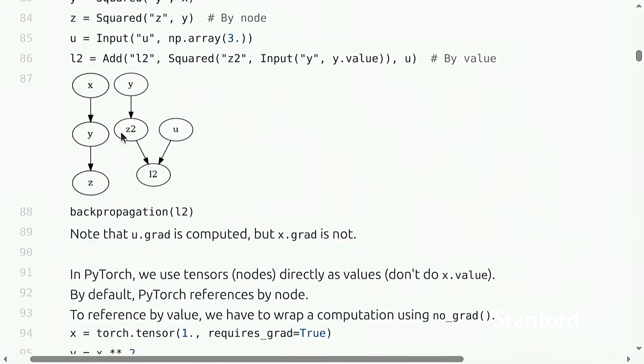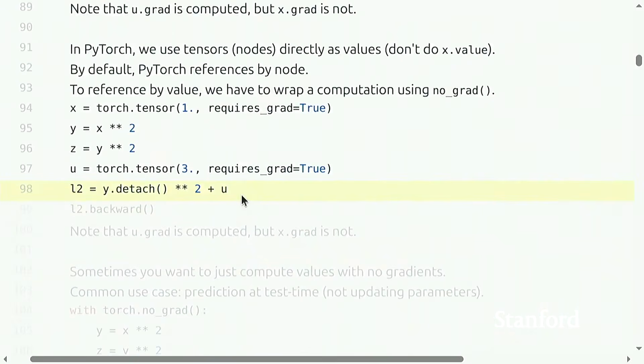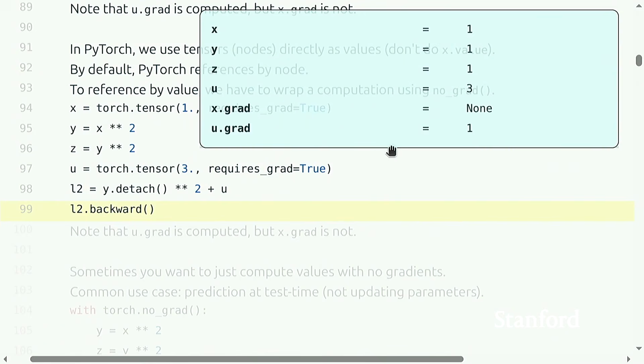So that's identically doing this. You take y, you detach it from x, and you're just using it. And in this case, again, notice that u.grad is populated, but x.grad is not, because y has been cut.